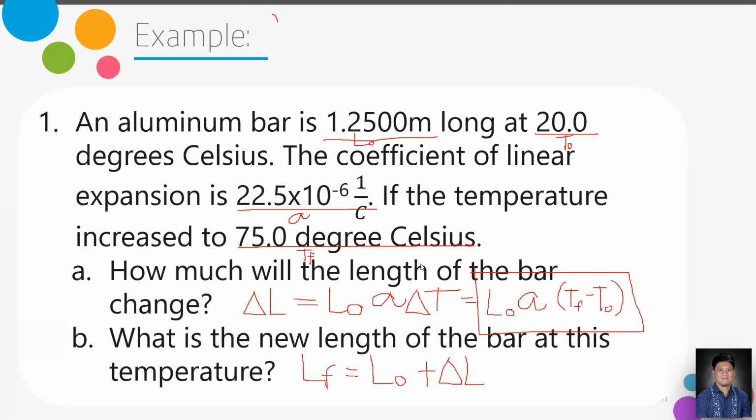And for our length, the volume, and the area, wala talaga siyang specific na unit na gagamitin. Kung ano yung given na unit, yun na yung gagamitin natin for our length, area, and volume.